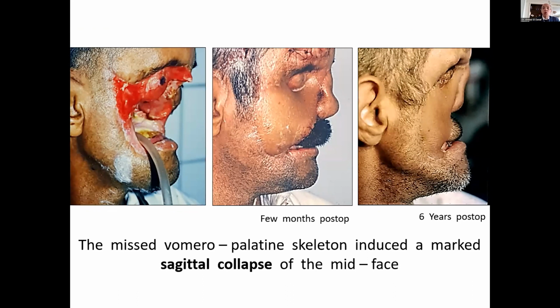Yet in the profile picture, we can see that after 6 years, the patient lost the projection of the formed middle third of the face due to the missed reconstruction of the anteroposterior axis of the skeleton of the middle third of the face, which is formed by the vomer and the hard palate.